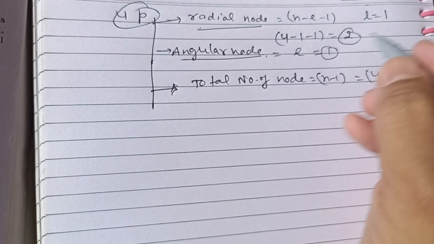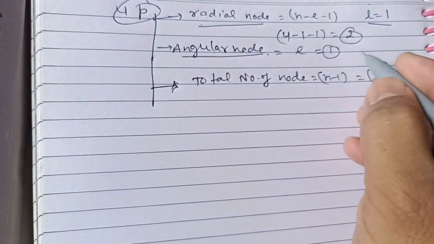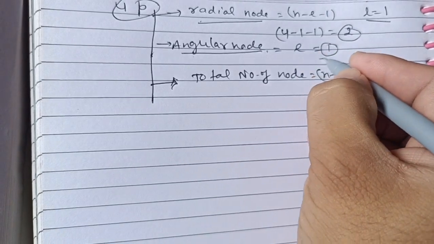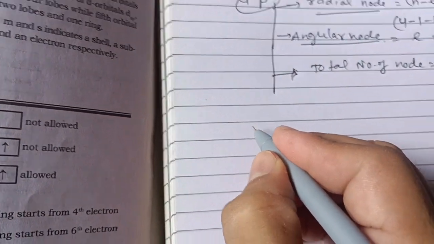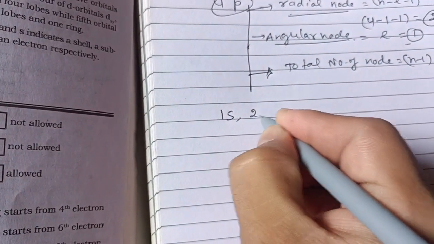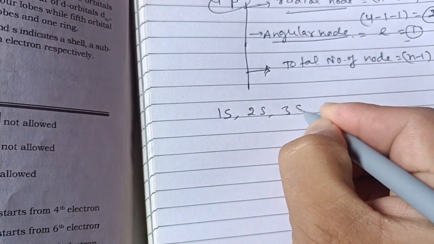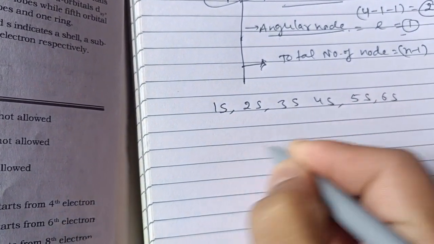So in this way we can calculate the radial node, angular node, and total number of nodes. One more example. For example, 1s, 2s, 3s, 4s, 5s, 6s.